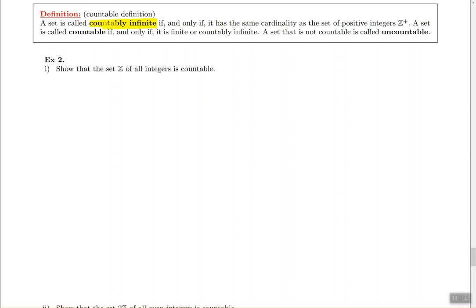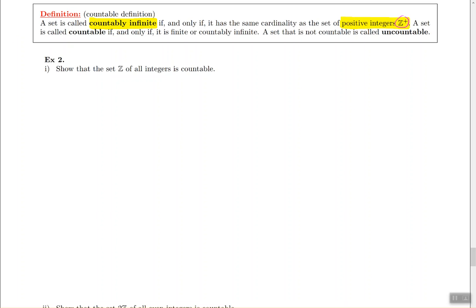So we say that something is countably infinite, or in other terms countable, if it has the same cardinality as the set of positive integers, Z plus. So to say that something is countably infinite, it just means that you have the same number of elements as the set of positive integers.